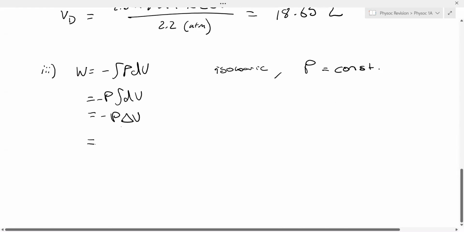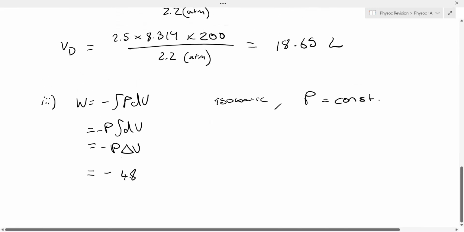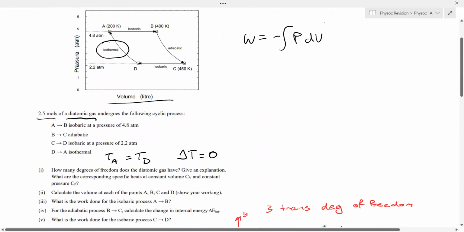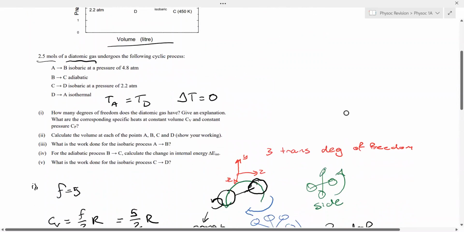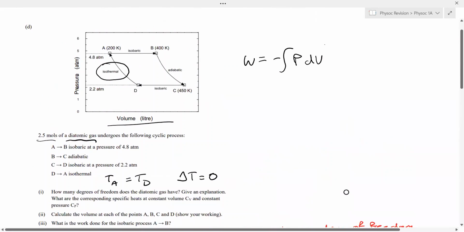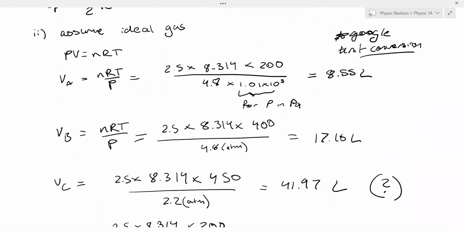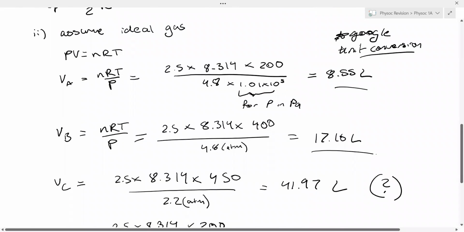Just putting in our pressure there, our pressure for this part was 4.8 atmospheres at the top of the curve. Up here, 4.8 atmospheres is our constant pressure. And then our volume between A and B, we calculated that here.